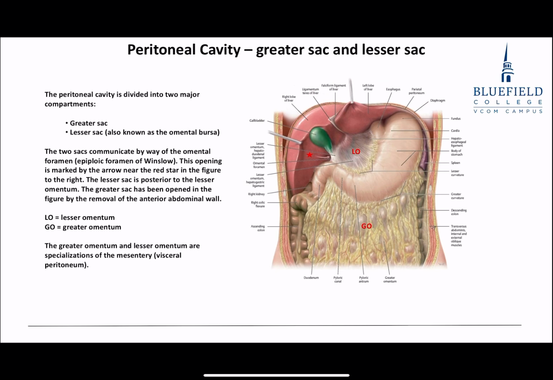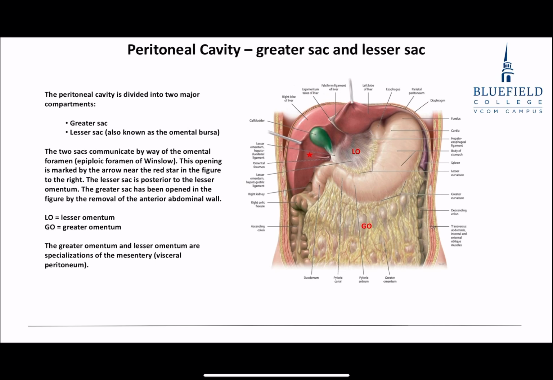So that lesser omentum is attached over here on the left to the distal end of the esophagus, the lesser curvature, and then it just comes on to the duodenum right here. Here's the pyloric sphincter, so here's the distal end of the stomach, here's the duodenum. And where this star is, I didn't add that star or the arrow, that was part of the figure.